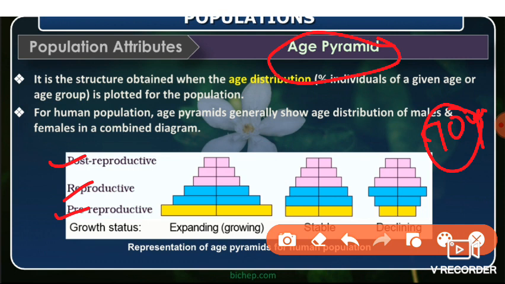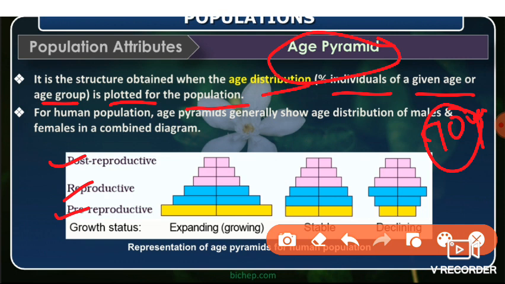And here the first point: it is the structure obtained when the age distribution, or percent individuals of a given age or age group, is plotted for the population. We will find a pyramid-like structure when you start to plot the age distribution; we'll find a graph.